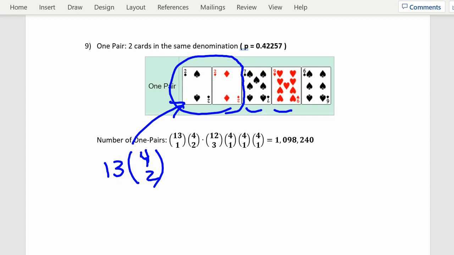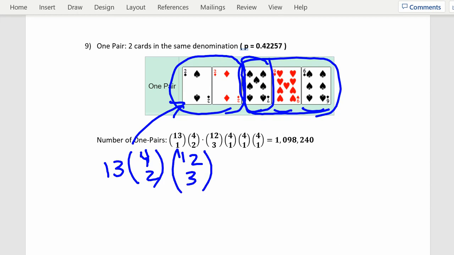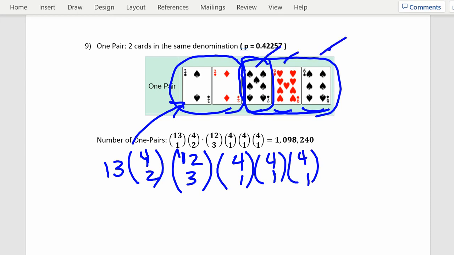Then these 3 must be different, right? Okay, so the next choice, let me do it this way. There are 12 choose 3 ways for these, that I can choose the other 3 cards, and each of those among the suits, there are 4 choose 1 ways to select each of the individual ones.